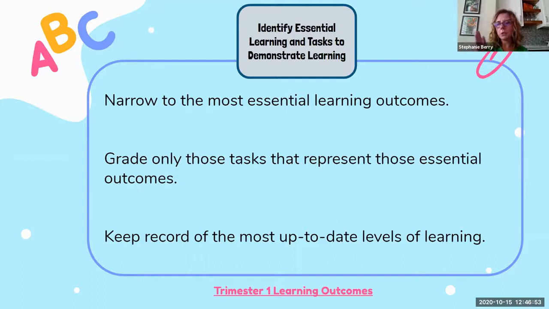I'm going to update them to the most current. I'm not going to average, as in, well, at the beginning they were a 1 in letters and sounds, and now they're a 3, so I'm going to give them a 2 for their grade in the quarter. We're always updating those. If students weren't writing to a level 3 at the beginning of the quarter, but by the end of the quarter their writing reflects a 3, then their grade on the report card is a 3.